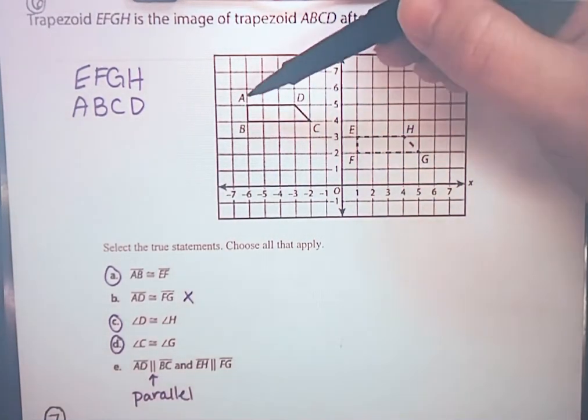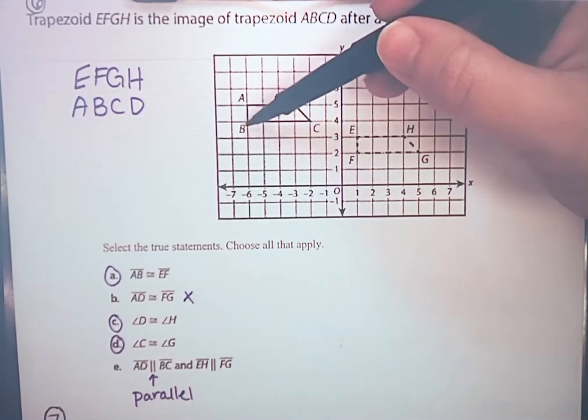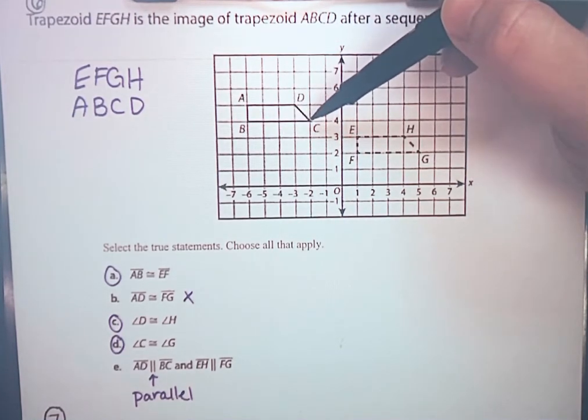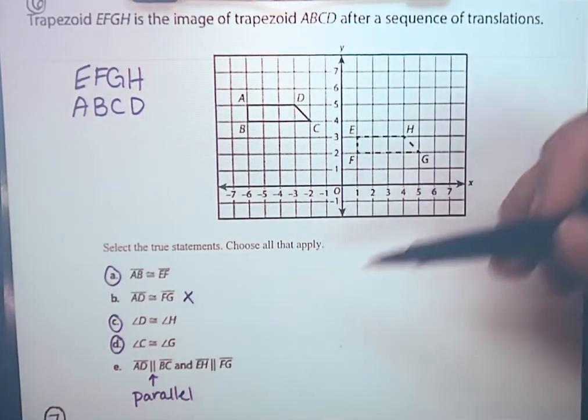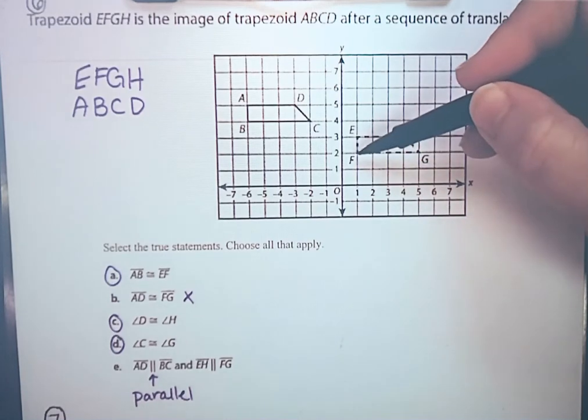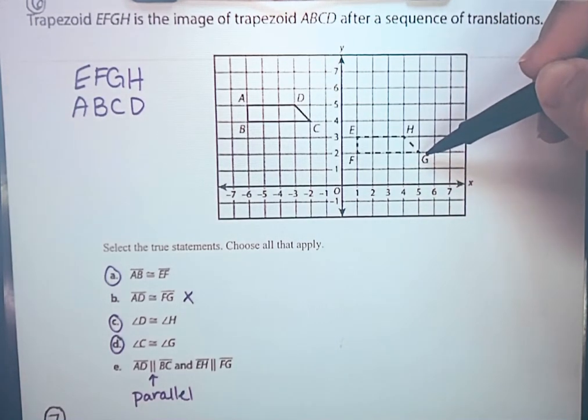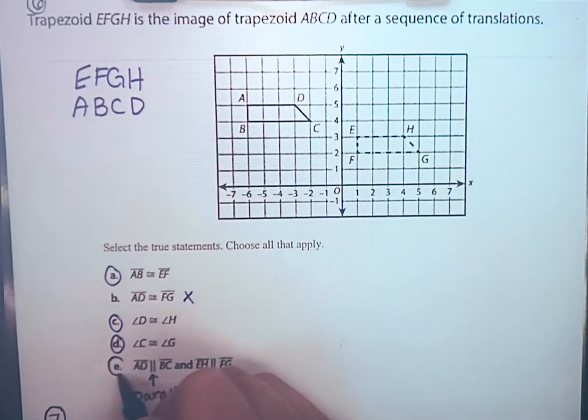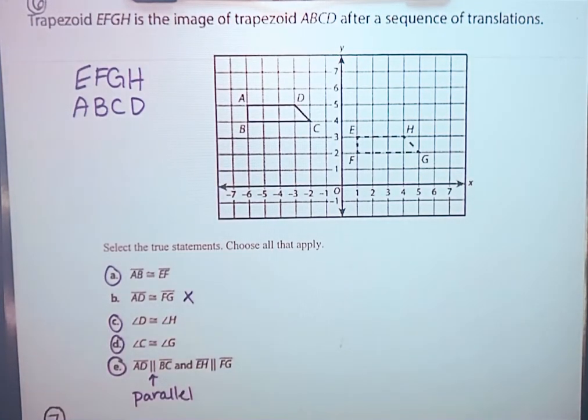So look at the image. Is AD parallel to BC? Yes, those are two parallel lines. And then the next part says EH, right here, is parallel to FG. That is also true. So E is the final true statement.